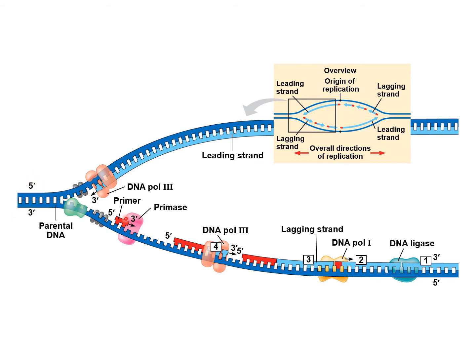So we've got our primase here. There's enough space in the replication fork that primase can come in and synthesize a few nucleotides of RNA. Then DNA polymerase 3 will eventually come in here and synthesize until it hits that primer.